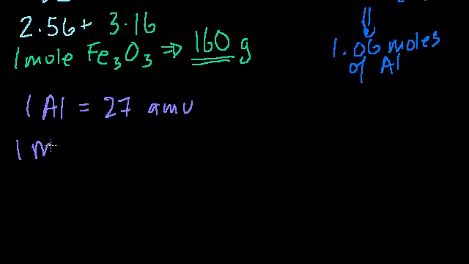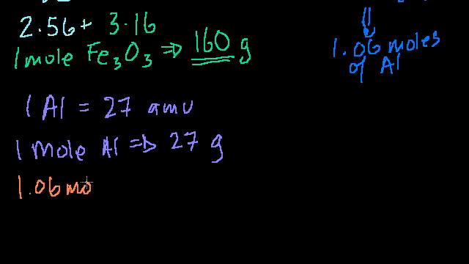So 1 mole of aluminium, or 6.02 times 10 to the 23 aluminium atoms, is going to be 27 grams. So if we need 1.06 moles, how many is that going to be? So 1.06 moles of aluminium is equal to 1.06 times 27 grams.